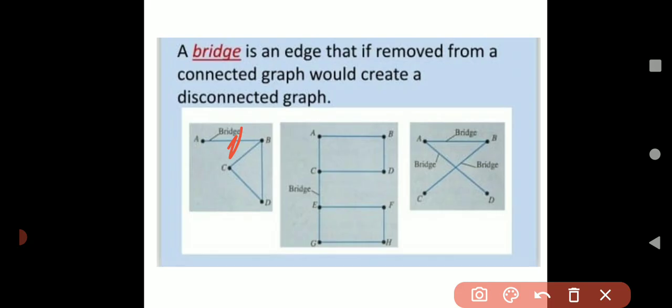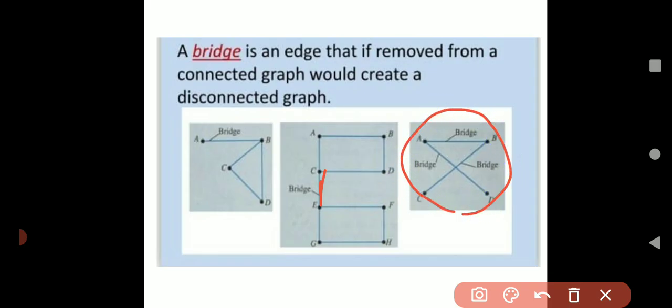Similarly, in this graph, if we remove the edge CE, then this graph has two components. One of this and another one is this. So this is also a disconnected graph. So the edge CE is a bridge. Here we have three bridges.